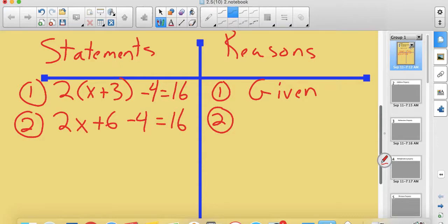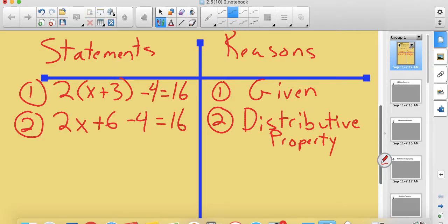How did we get there? What allowed us to take that 2 and multiply it into those parentheses? And we'll review this idea, but that was known as your distributive property. It was a property we learned back in 5th or 6th grade. It's what allows you to take that 2 and multiply it by the x and by the 3.